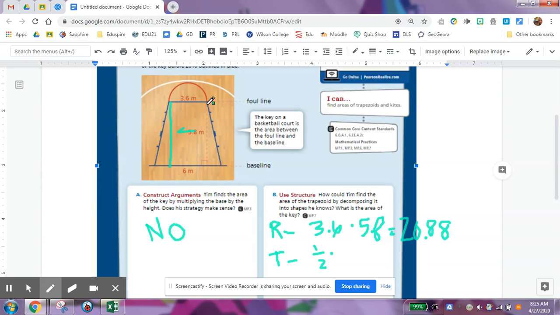So we're going to say 6 minus 3.6, which gives us 2.4, but there's two triangles there, so we only need half of that, which is 1.2. So this little spot right here is 1.2, and so is this one. So we're going to do 1/2 times 1.2 times the height of the triangle, which is 5.8.